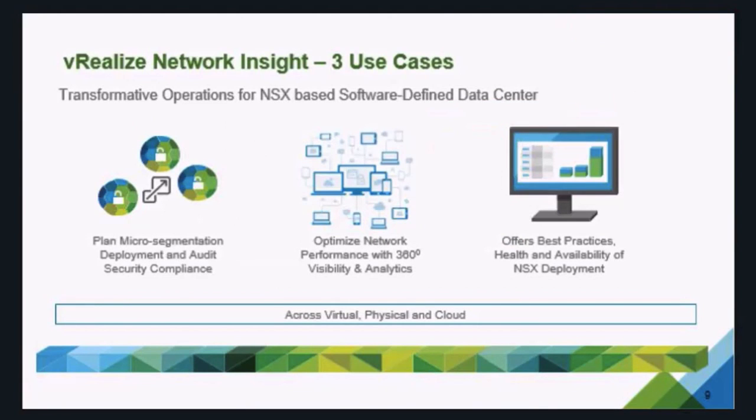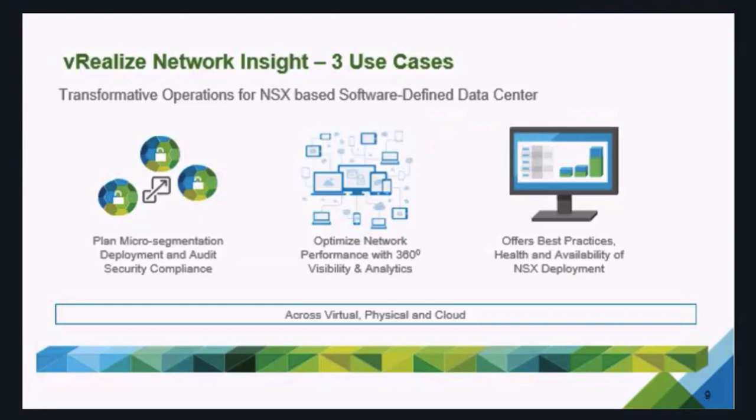Now, there are three use cases for vRNI. The first use case, as I mentioned, is planning for microsegmentation. It will help in recommending the distributed firewall rules and model the actual security groups. The second use case is visibility and analytics. Today, we have a problem where there's no easy way to see across silos, across the different virtual and physical networks.